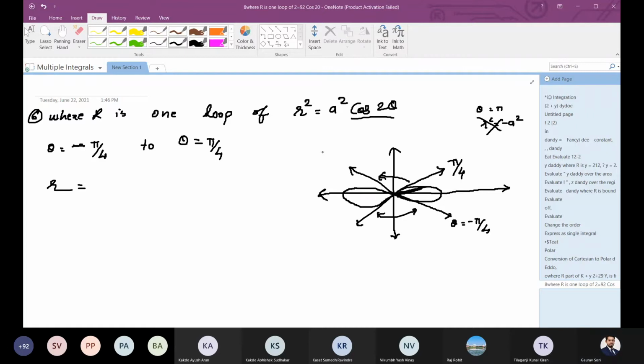Be quick. What is the minimum value of r at least?